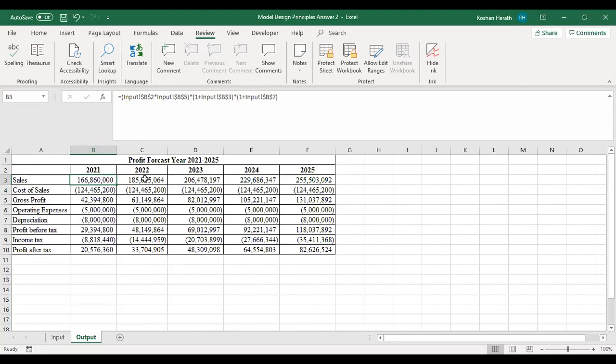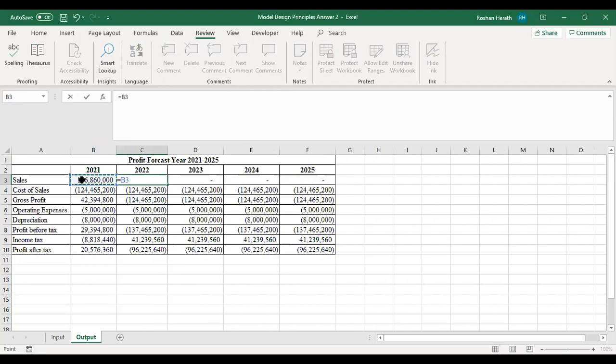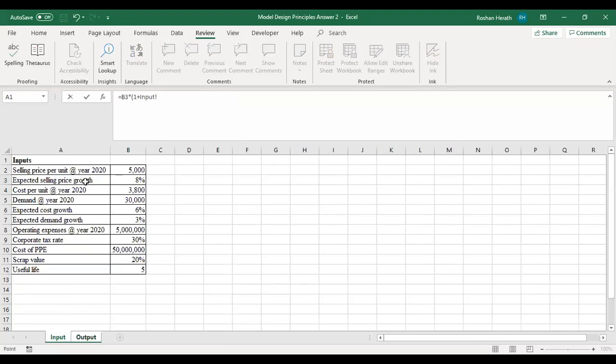Now let me work out 2022. You can start with the previous year's figure and multiply by 1 plus the growth rate. Expected selling price growth.